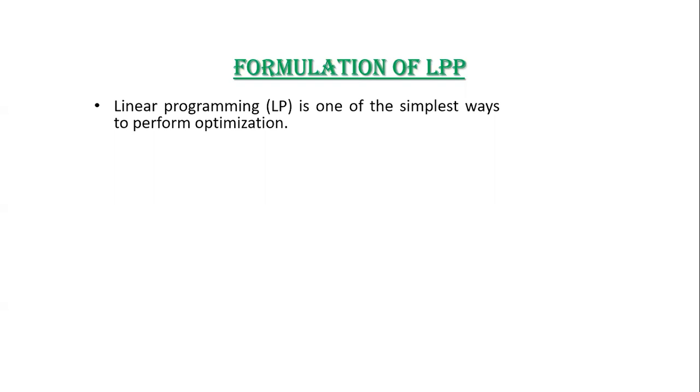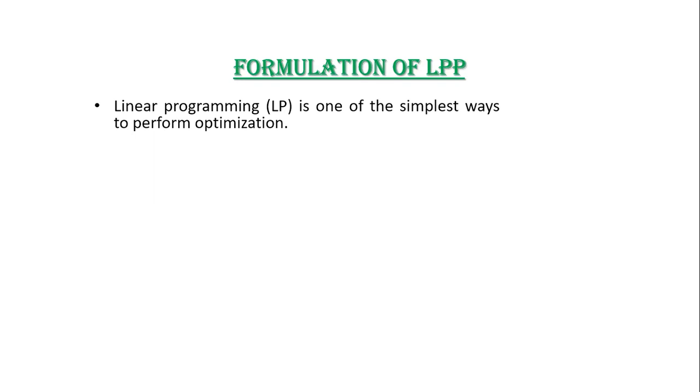Once you convert that information into a set of mathematical equations, then only we can find something. So in this process of converting the raw data into a set of equations, if all the variables of the problem are linearly related, such problems are called the linear programming problems.